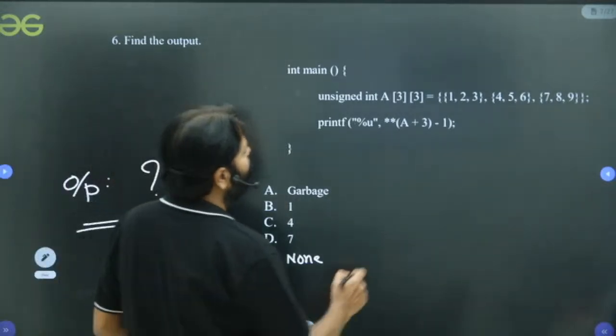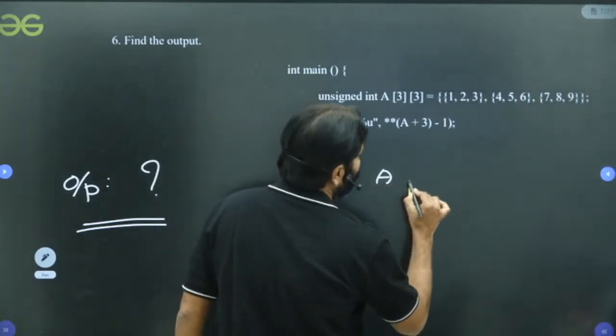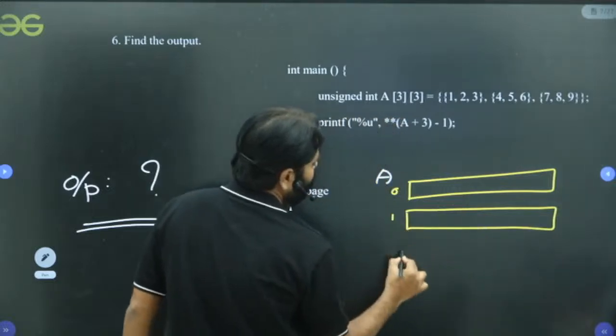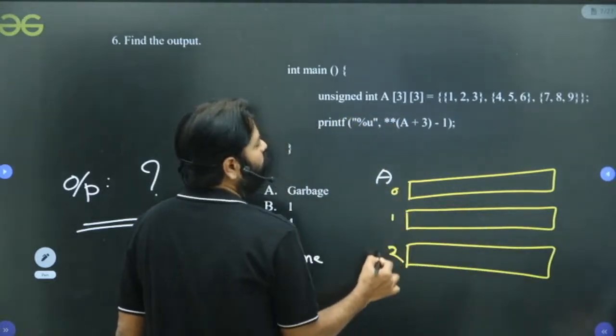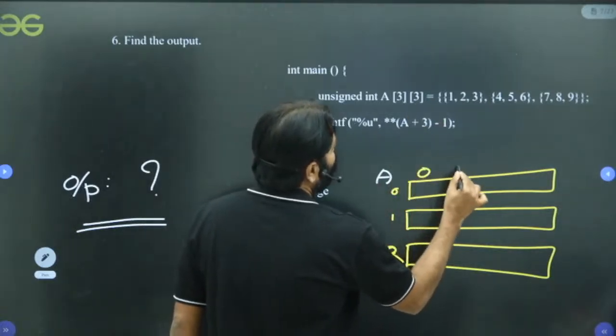How many of you have understood the two-dimensional array? If it is A of 3, then 0, 1, 2 rows are there, and elements you have 0, 1, 2.